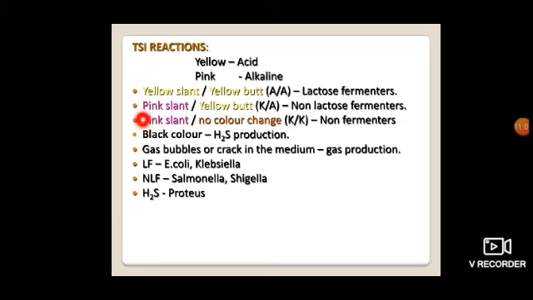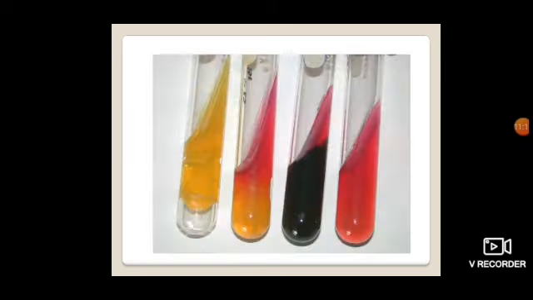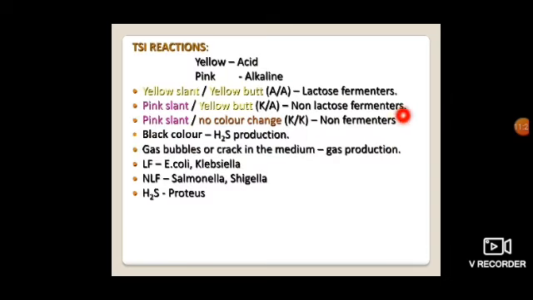In the next test tube, the slant is pink and the butt is yellow, so no lactose fermentation we can observe. So a pink slant and yellow butt means a non-lactose fermenter.